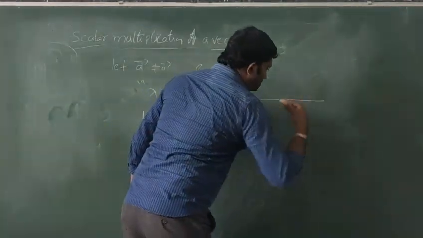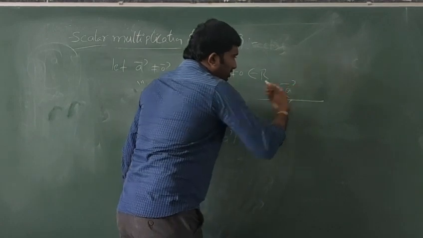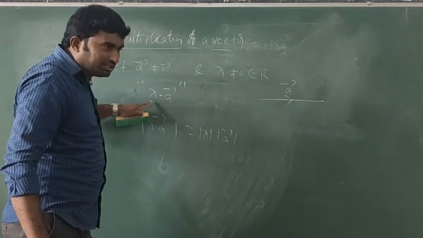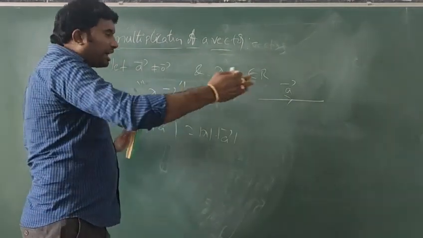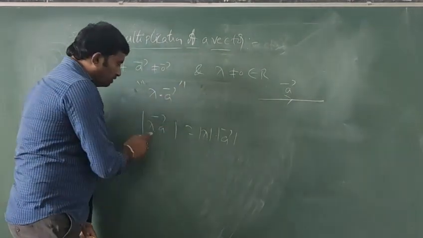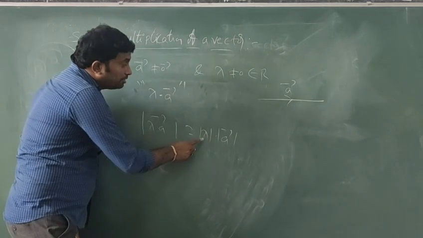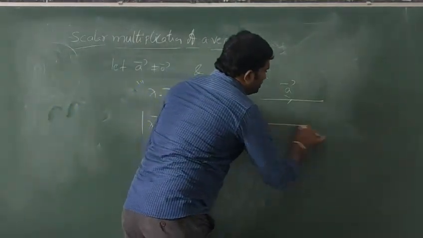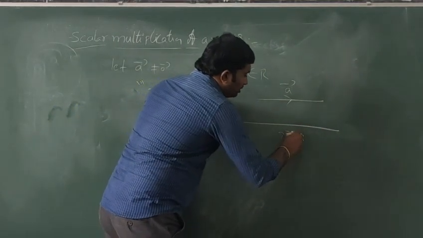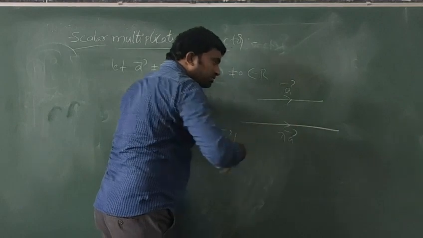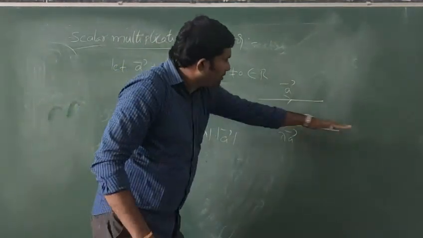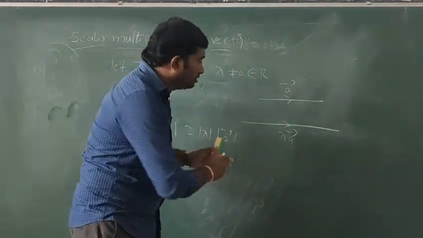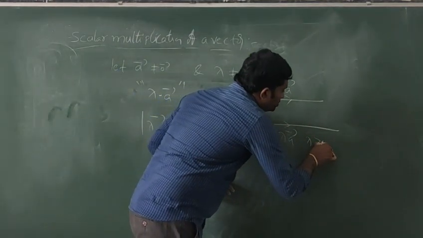See, this is the given vector A bar. This vector A bar is multiplied by the scalar lambda. That means maybe the magnitude is different, no doubt. That is why the magnitude of lambda A bar is mod lambda times the magnitude of the given vector. So this is lambda A bar, which is also a vector. The direction of lambda A bar is the same as that of the given vector when lambda is positive.